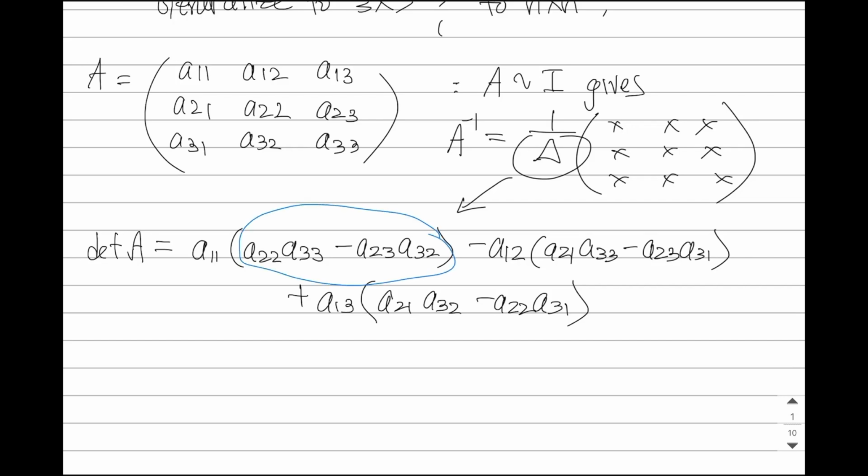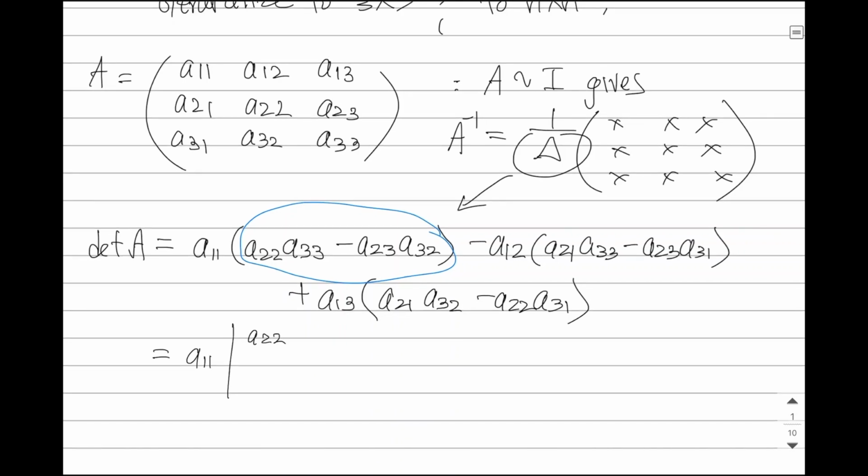This thing right here, I'm going to write this as A11, and then I'm going to use that determinant notation. It'll be A22, A23, A32, and A33. It's these two things multiplied together, subtract the product of that entry. I will do the same thing for that.